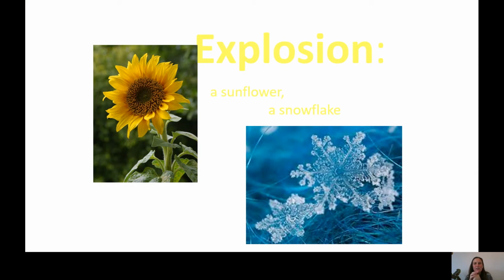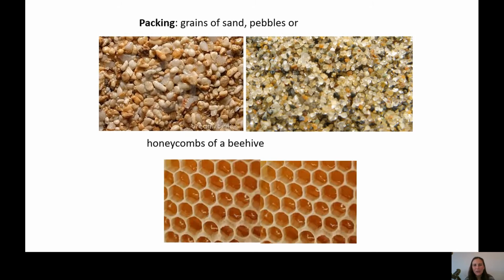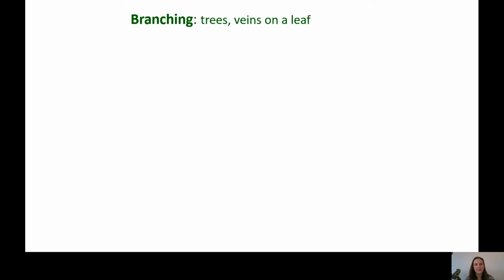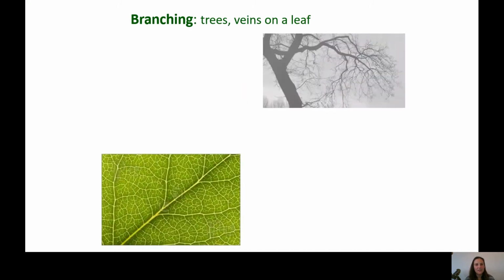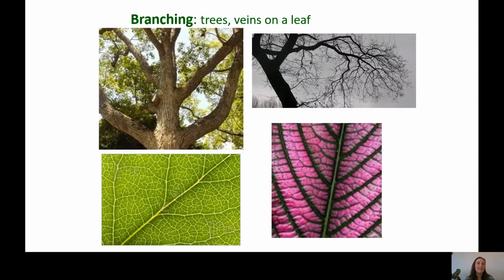That's starting from the center and exploding out. Packing might be grains of sand or pebbles, or the honeycombs of a beehive. And finally, the branching pattern, which is probably one of the patterns that we see most often: veins on a leaf and the branches of a tree.